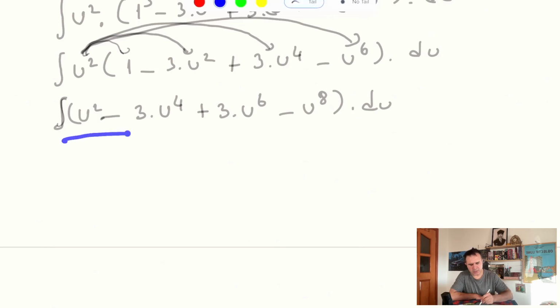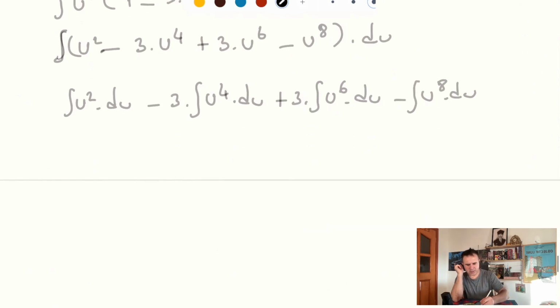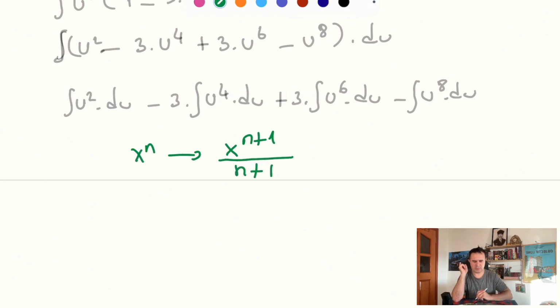Okay, now I will break down the integral into four different parts. The integral becomes u² du minus 3 times u⁴ du plus 3 times u⁶ du minus the integral of u⁸ du. We know that the integral of x to the n is found by adding 1 to the exponent and dividing by the new exponent.